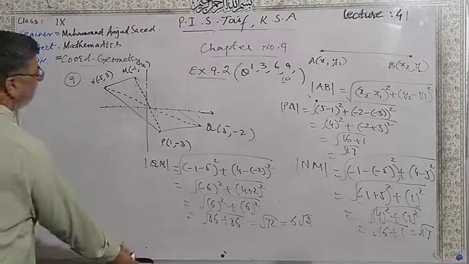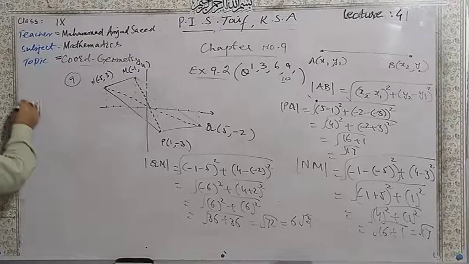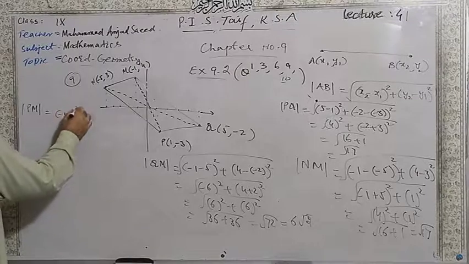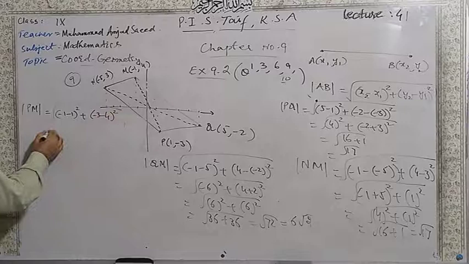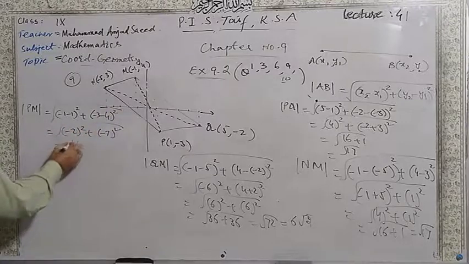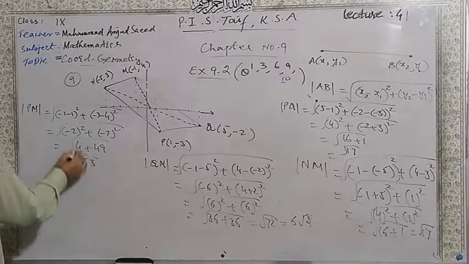What is the diagonal? This is diagonal PM: (first minus first) whole square and (second minus second) whole square, whole under root. (-2) square and (-7) square, 4 plus 49, that will be 53 under root.